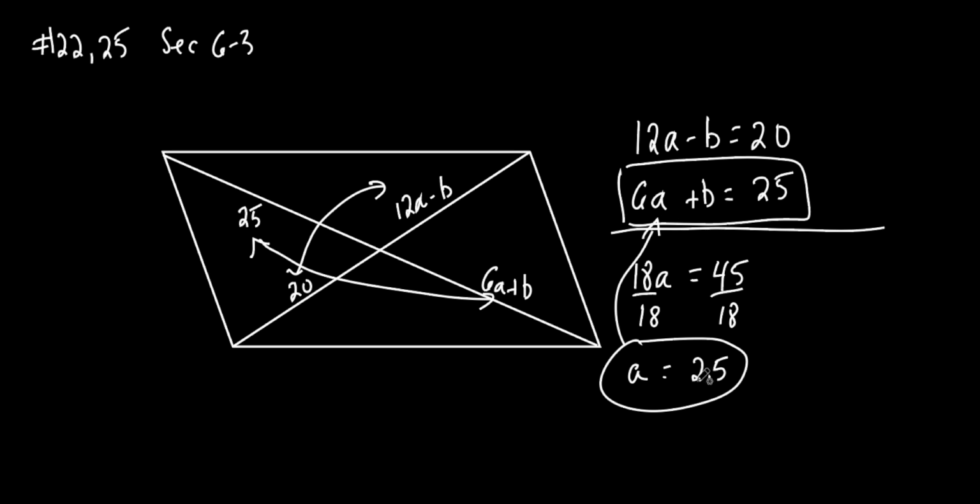So we take what a is equal to, and we replace this a with 2.5. So it's going to be 6 times 2.5 plus b equals 25. That's, what is it?